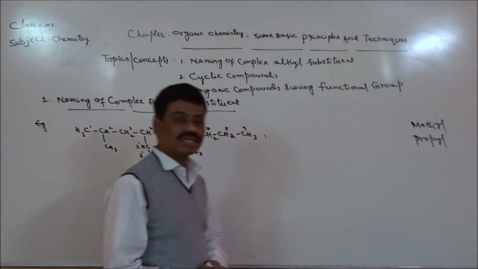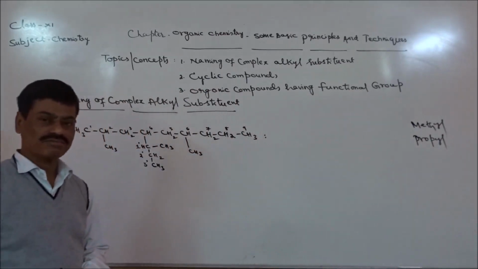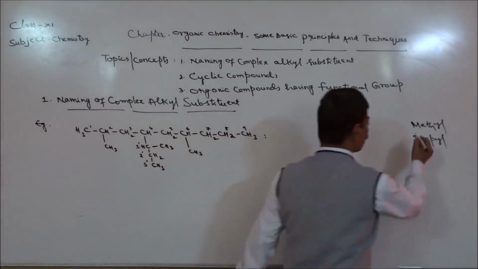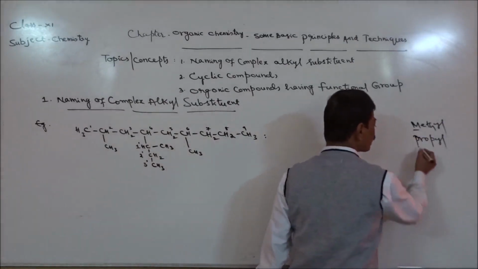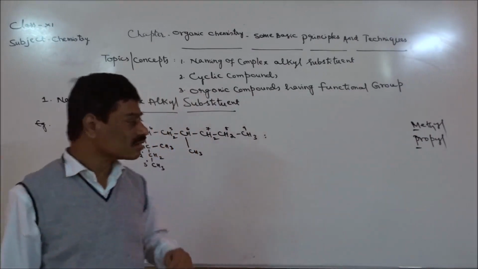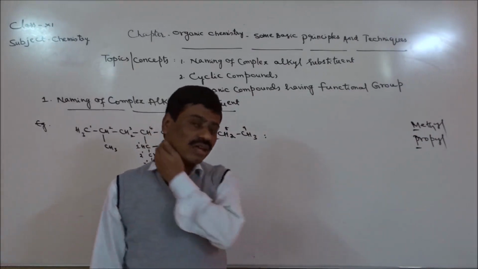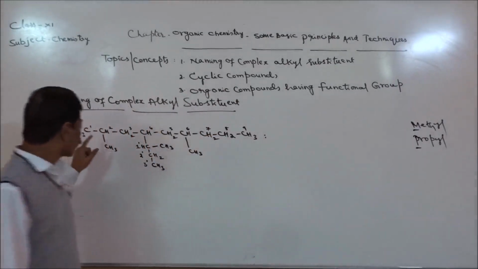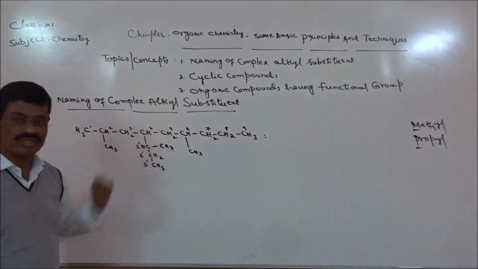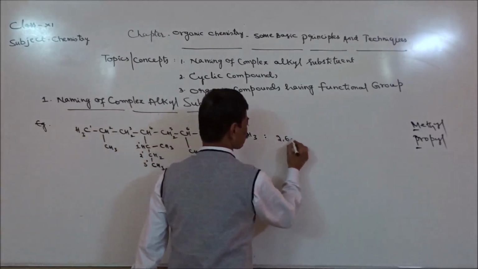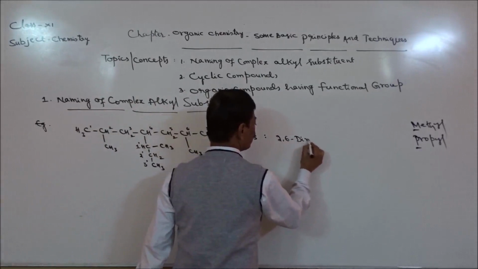All the rules of nomenclature should be satisfied. So, the first letter in methyl is M, in propyl the first letter is P. Since M precedes P, therefore in the name, methyl should come first. So here the position of these methyl groups is 2 and 6. So its name is 2, 6 dimethyl.